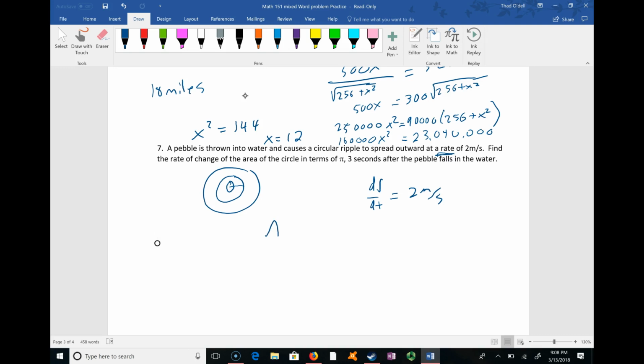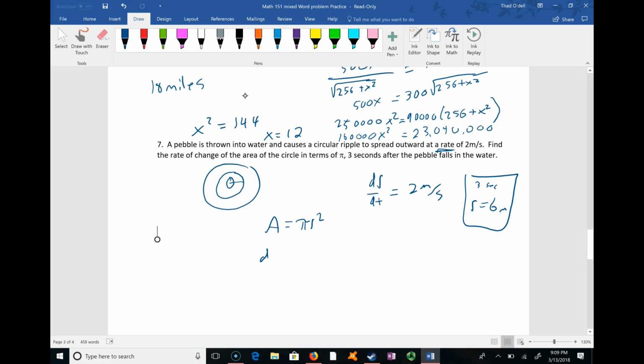So we want area is equal to pi r squared. 3 seconds later, which means the radius would be 6, because in 3 seconds at 2 meters per second, it's going to get 6 meters, okay? So we take the derivative of both sides, we get dA/dt is equal to 2 pi r dr/dt.